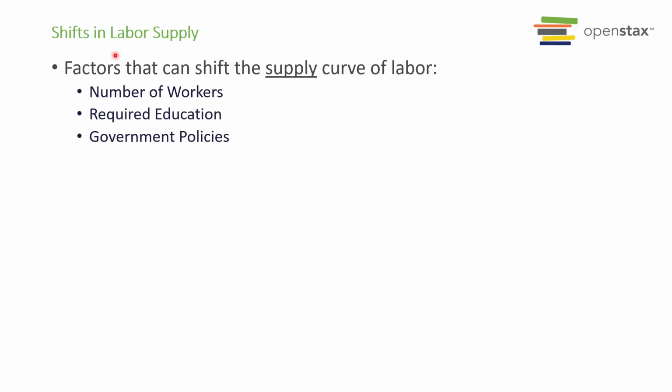Let's look at factors that shift the supply curve of labor. Here we have obviously the number of workers. If you've got more nurses entering the marketplace, that's obviously going to shift the supply curve for labor to the right.